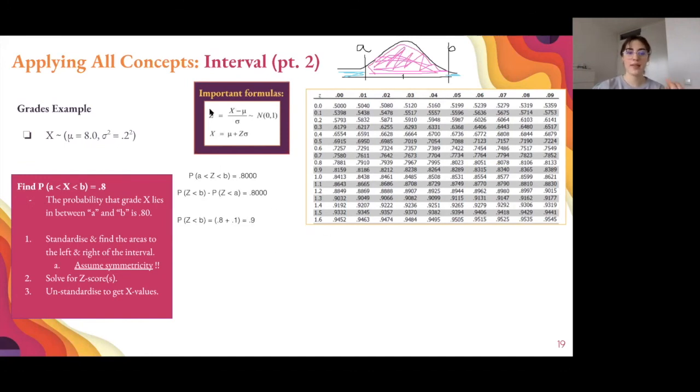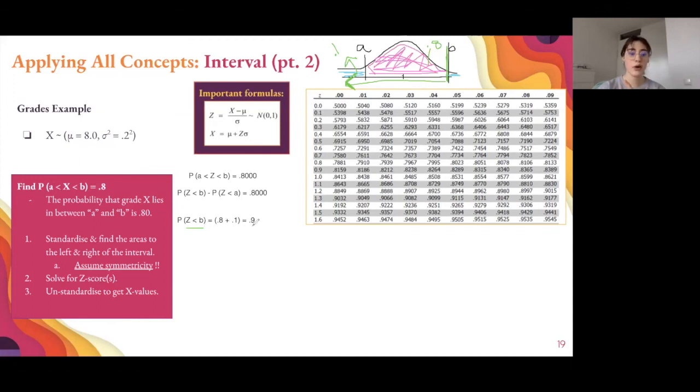And the reason why is that if we see here, I'm going to do it in green, the probability that Z is less than B is all of the area underneath this entire curve, anything less than B. We assume that that includes both the 0.1 that is not in the interval and the 0.8 that is in the interval. It's the area to the left of B. So anything to the left of B is included. So 0.1 and 0.8 are both included in this probability that Z is less than B.